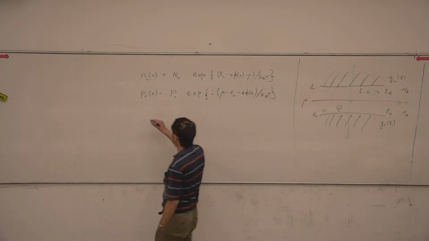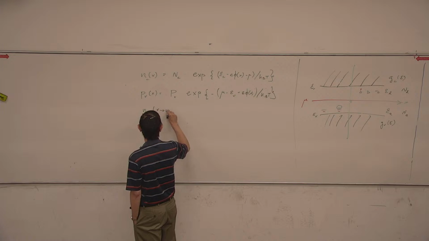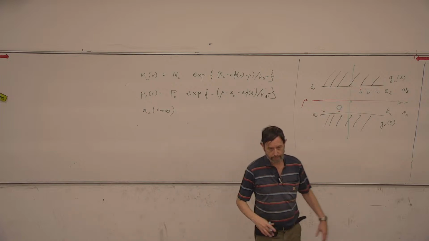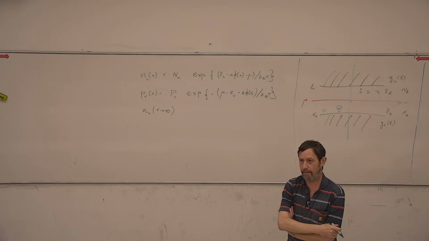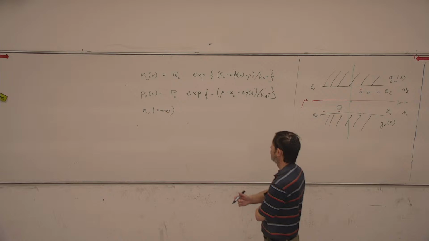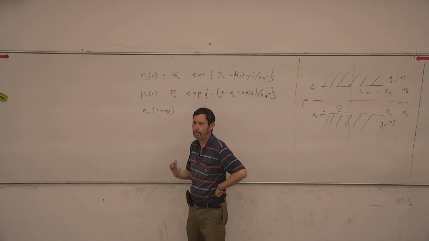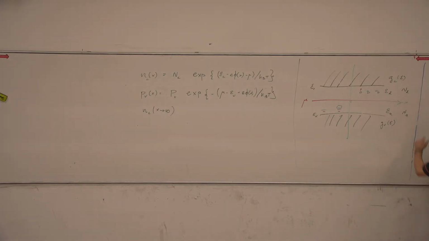Okay. What else do I know? Well, I know another thing. If I'm very far from the interface, and now I'm thinking about an infinite system and an interface at 0, what do I know from our previous consideration about the population of the conduction band? Remember, here, very far away, I have no acceptors.